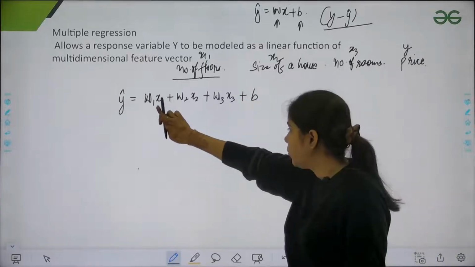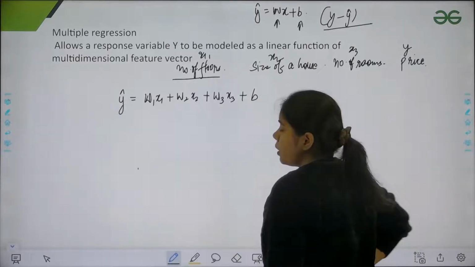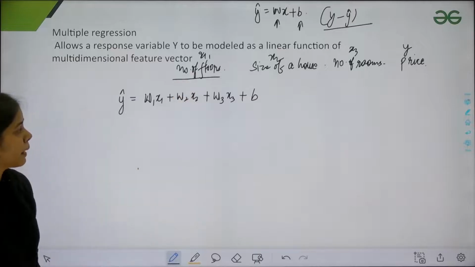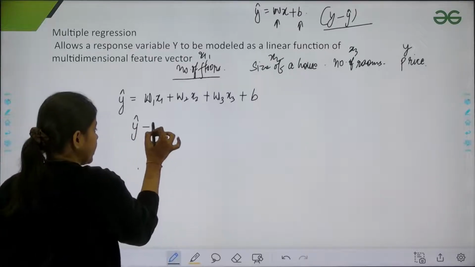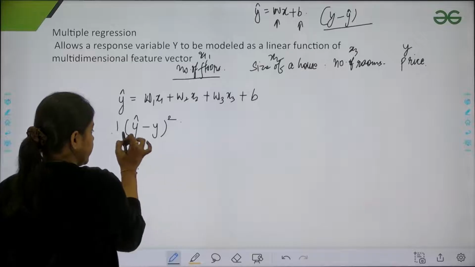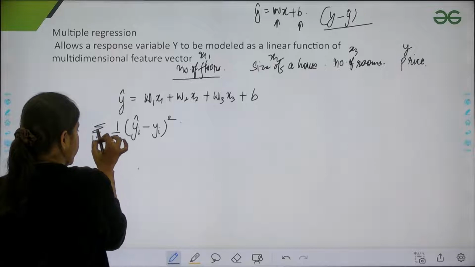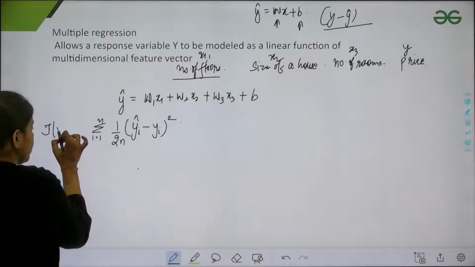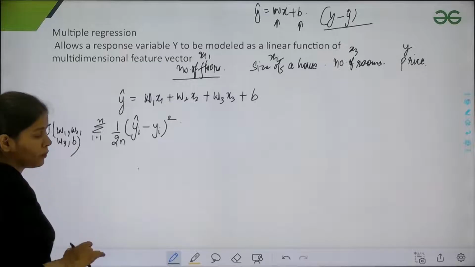Here, I have to find W1, W2, W3 and b, because x1, x2, x3 I already have, and the predicted value I can find using the input features, right? So I'll again write the cost function J: 1 by 2n summation of yi minus yi cap whole square, i varying from 1 to n. Now the function would become a function of W1, W2, W3 and b, right?